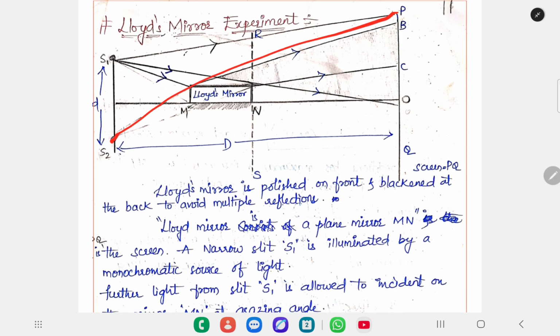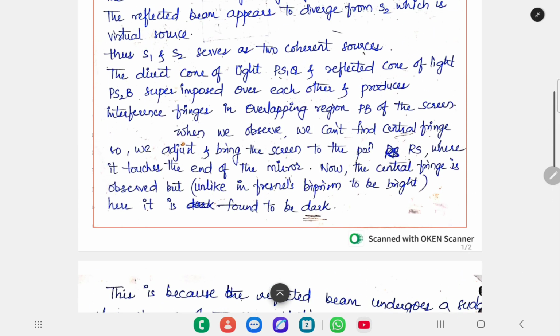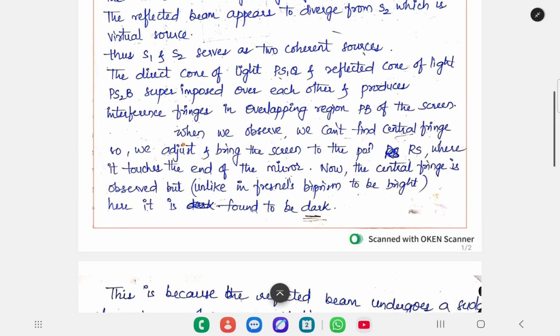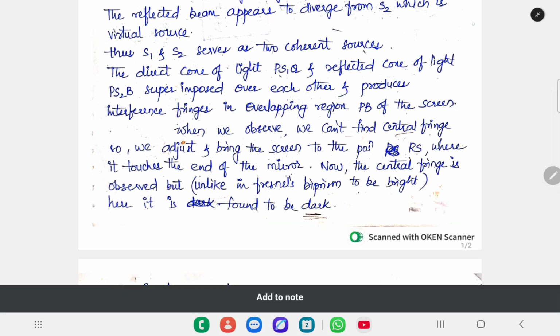These are the two reflected cones that are superimposing over each other, and because they superimpose they produce the interference fringes as they overlap on the region PB.